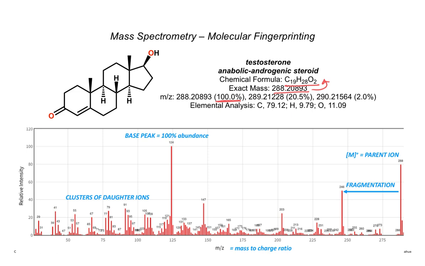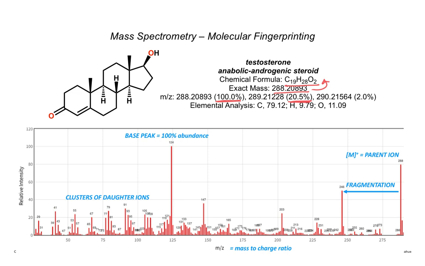That's the M and the M+1. See how the molecular formula has C19? Now look at the M+1 number. The abundance says 20.5. So it's not by coincidence that those are pretty similar, almost the same.